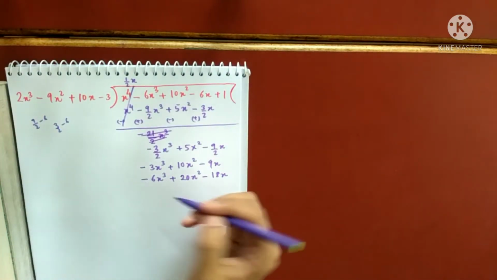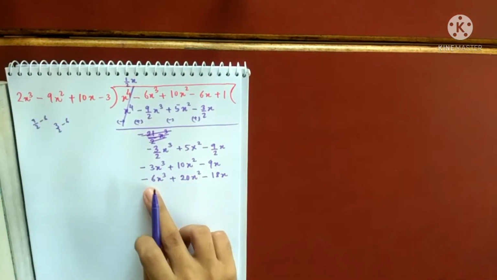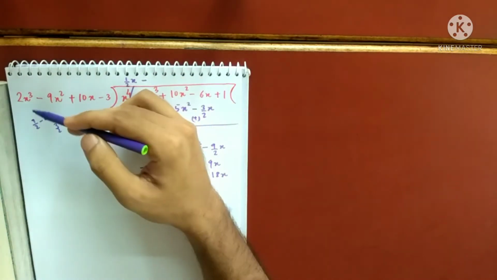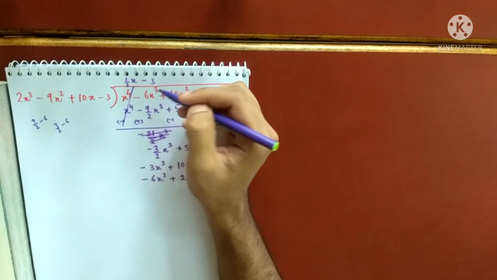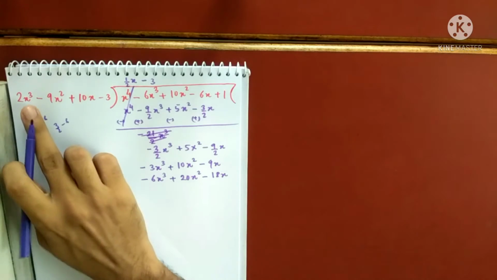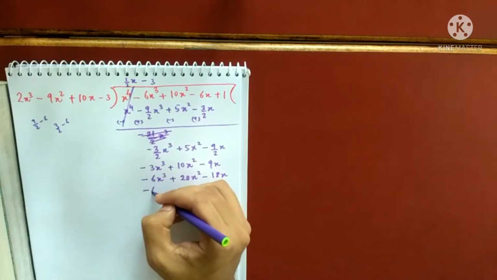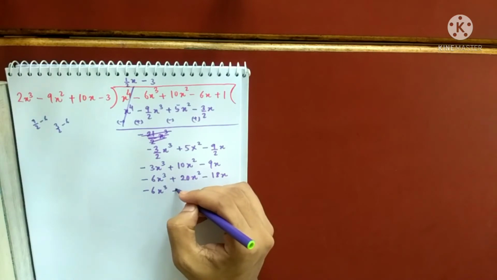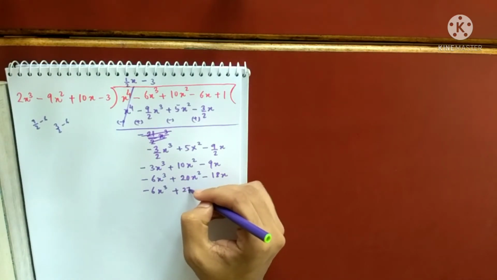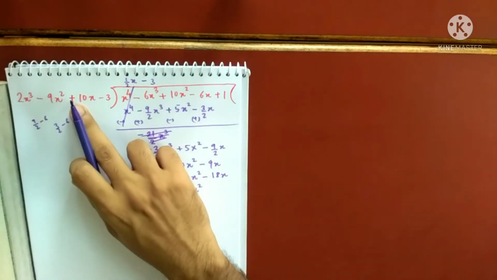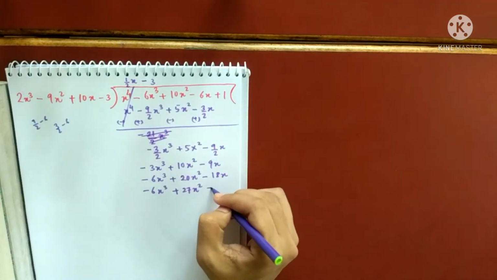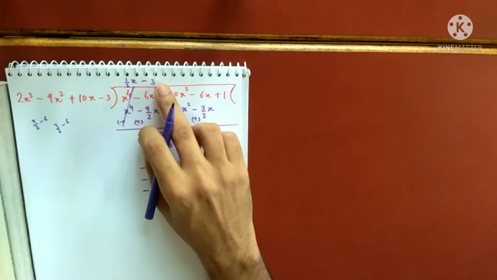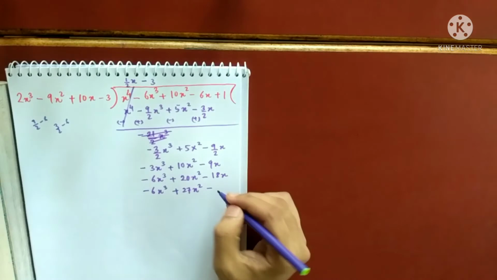So now I will take what I need. I need minus 3, nothing else, right? Minus 3. So 2 into minus 3 is minus 6x cube. Minus 9 into minus 3 is plus 27x square. Plus into minus is minus 10x into 3, minus 3 is minus 30x.